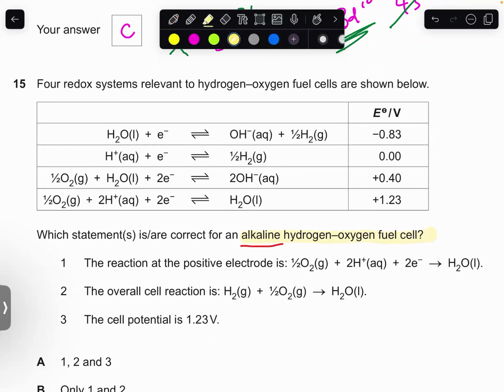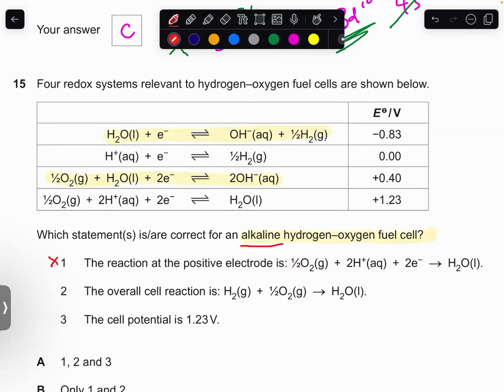For an alkaline, we will be looking at this redox and this one. So the reaction at the positive electrode, will it be this one? No, it will not be, because there's no alkaline species in there. It's not generating or using the alkaline, the OH-. So it can't be the first one.